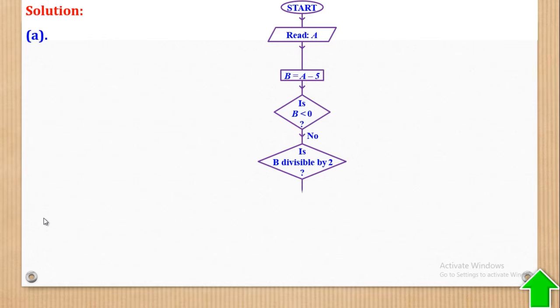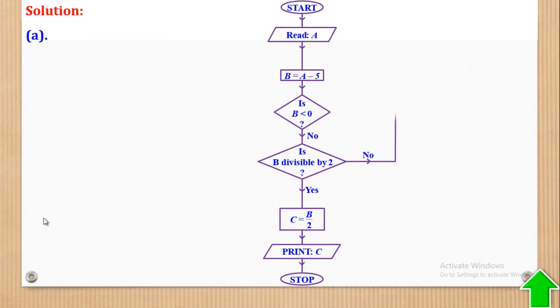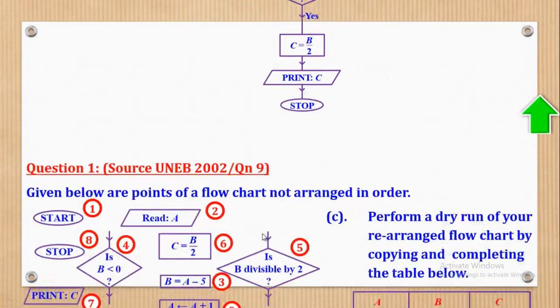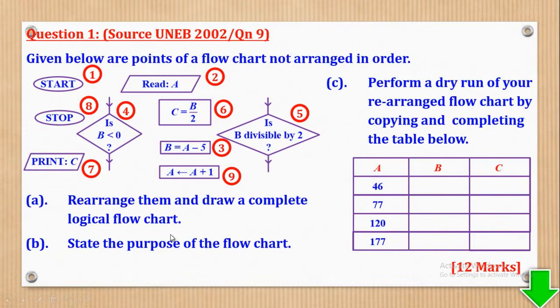Then after that we shall get the valid assignment for C. Then we can print and we can stop. But there was also a loop to increment A, so we shall put a loop to increment A on both decisions. So that is our fully drawn rearranged logical flowchart. Part B says, state the purpose of the flowchart.